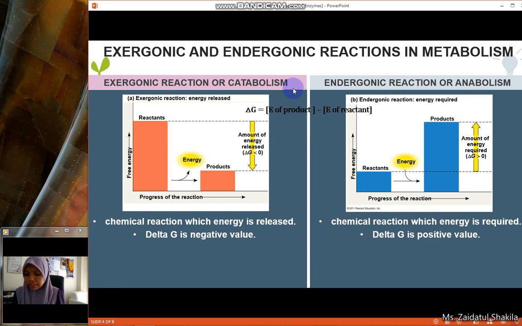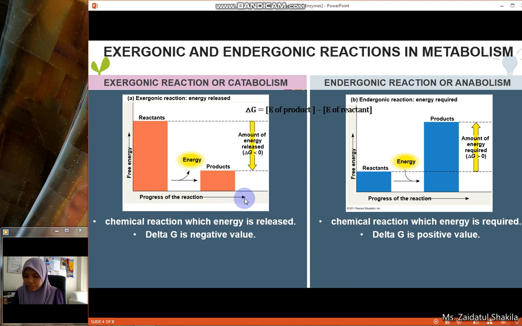Now let's talk about two different types of chemical reaction that occur in our cell, which are the exergonic and endergonic reaction. We take a look at the exergonic reaction first. Okay, I give you a diagram of exergonic reaction. Y-axis is the free energy, while x-axis is the progress of reaction.